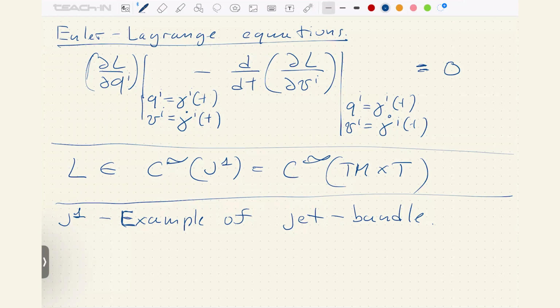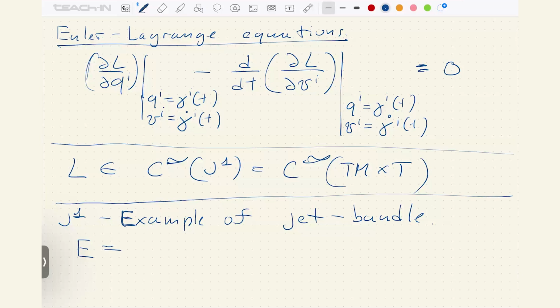So let me be a bit more general. For the moment, I'm still stuck to the one-dimensional situation, to mechanics. So what I'm going to say is that let's change point of view slightly to be more geometrical and more general. It's going to be useful in the following. So let's consider a bundle E, which is trivial in our case anyway.